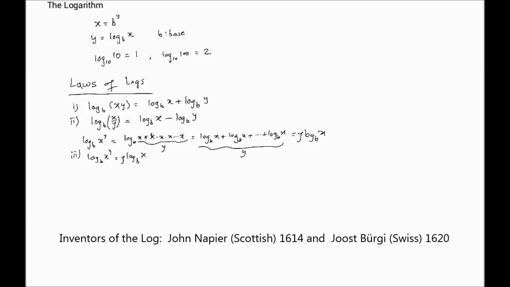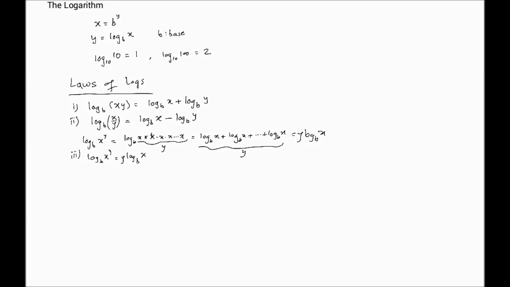During that time, it was rather difficult to do calculations involving multiplication and division. For example, suppose we want to multiply 22.34 by 327.92.